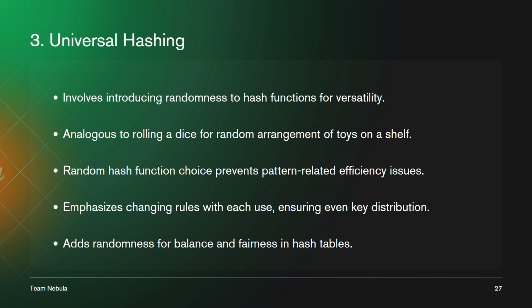This way, our toys or keys are scattered around the shelf or hash table in a more unpredictable way. So, to sum it up, universal hashing is like adding a sprinkle of randomness to our hash functions. It helps keep things balanced and fair, just like rolling a dice to decide where your toys go on the shelf. And that's how we keep our hash tables in great shape.